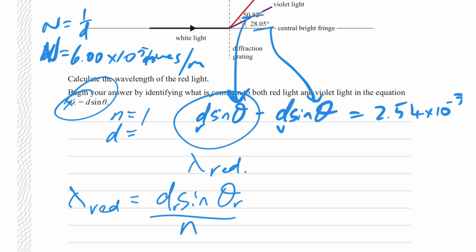You do the same for violet, so wavelength of violet equals d red, which is the same again. Let's just cancel that out. Sine theta violet over n. So those two are the same.